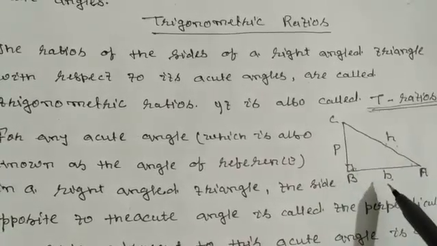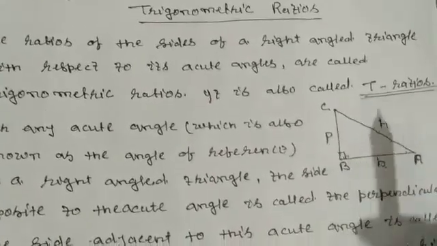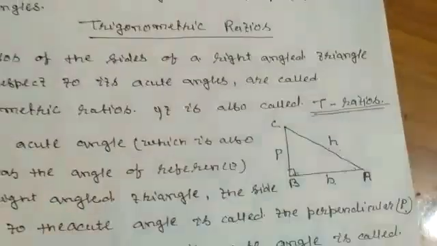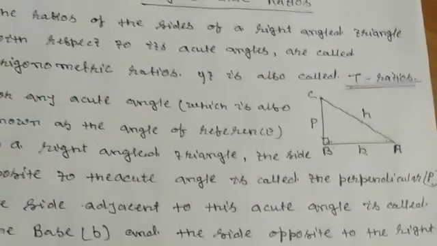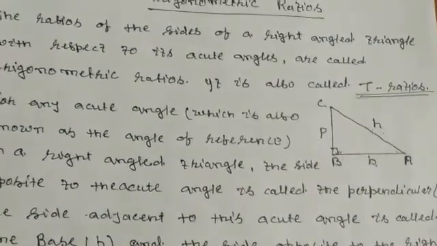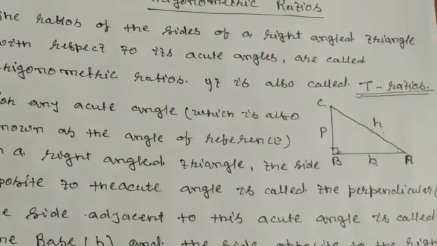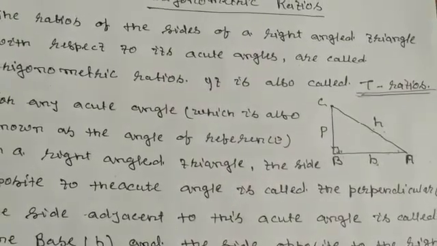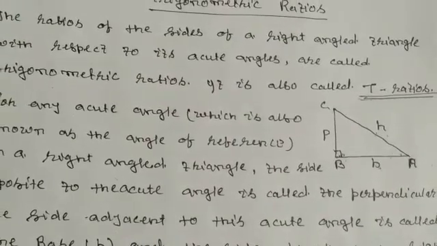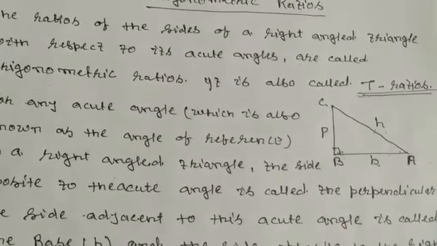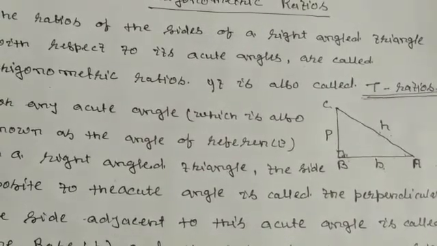It depends upon the acute angle of which we are taking the ratios. But the hypotenuse is fixed. Hypotenuse never changes. Hypotenuse always remains the same for any acute angle, either in this case for A or angle C.